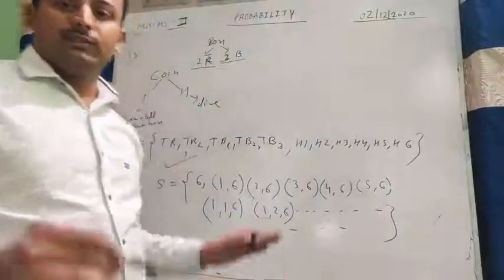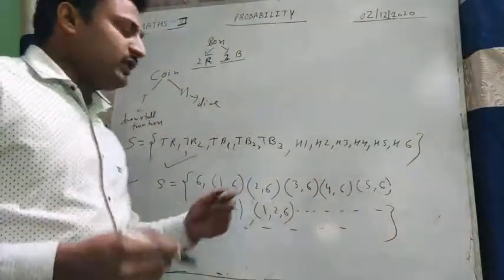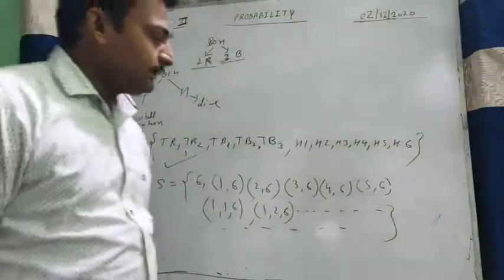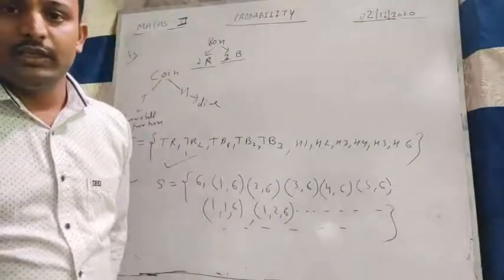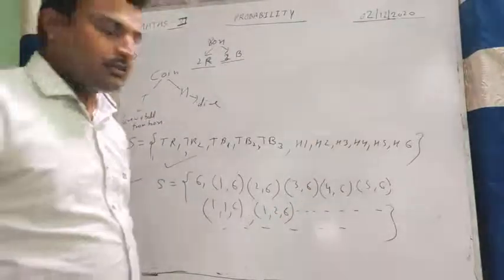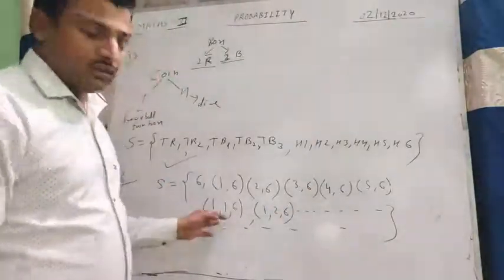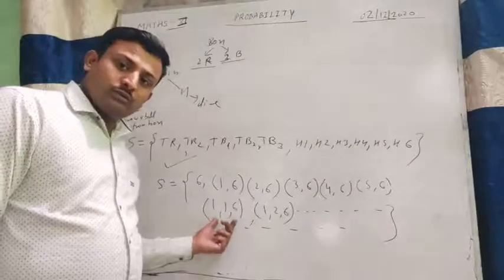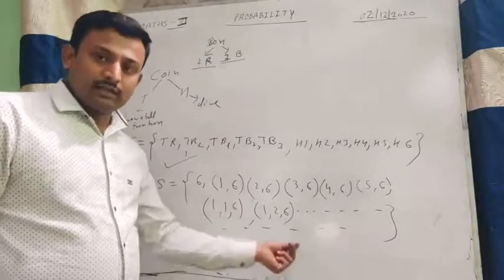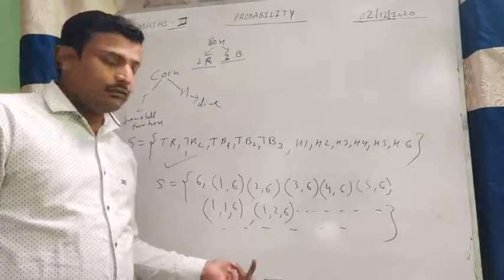So the size of the sample space will be infinite. We cannot define it. The possibility is that it will continue in this way. Similarly, if we get 2 at the first time, 1 the second time and then 6, that is a possibility.